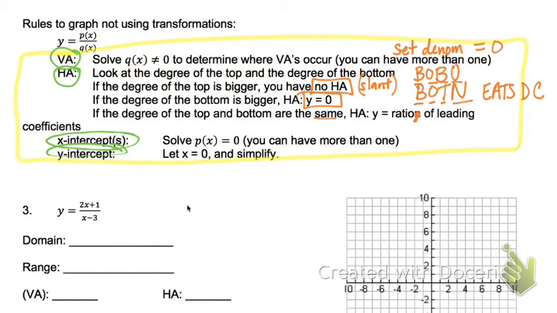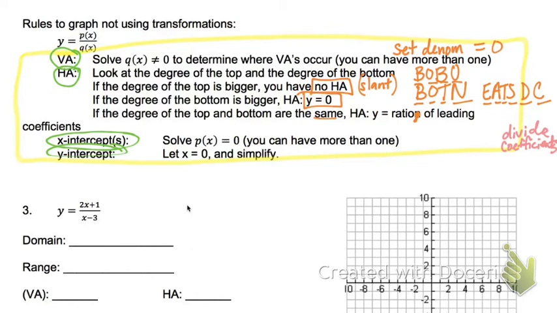So what EATS DC stands for is exponents are the same, divide coefficients. And it really just takes examples for that one, but we'll look at some.